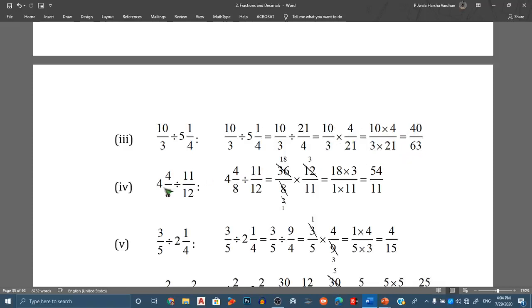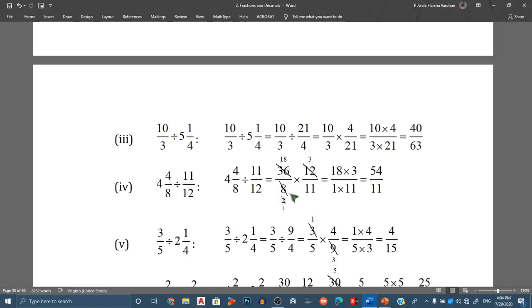Now here the fourth one, 4 by 8 divided by 11 by 12. So 8 4s are 32 plus 4, 36 by 8. Convert this into the reciprocal of 11 by 12, which is 12 by 11. So now you have some common factors for 36, 8 and 12 because these are even numbers.